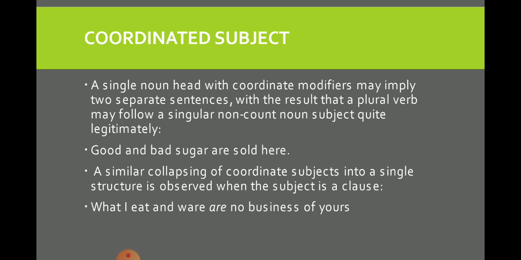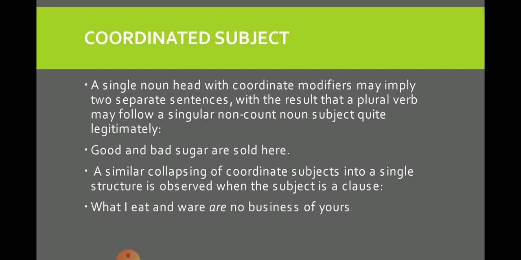Now, why do we consider this subject as a plural? The reason is simple, however, it needs attention: the characteristic of being good is contradicted with the characteristic of being bad. So it cannot be good and bad at the same time.